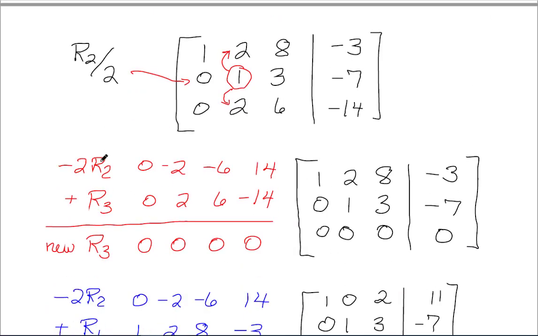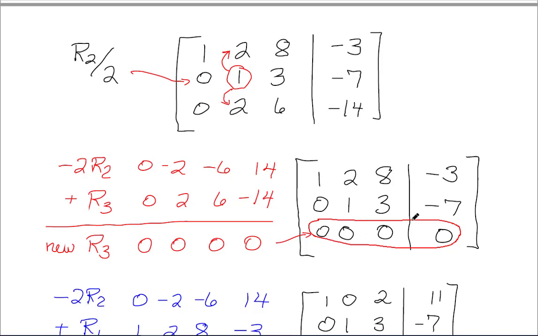Alright, so when I take minus 2 times row 2, add row 3, I see here's my new row 3. And I get this situation of all zeros. Now I go ahead and finish off getting a 0 above it because when I have infinitely many solutions, the solution is what we say dependent.